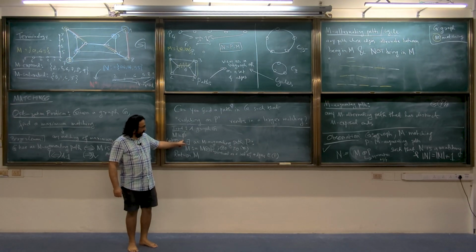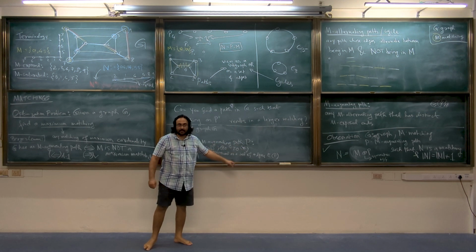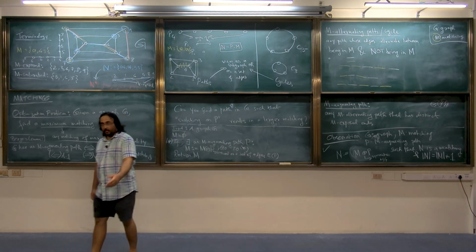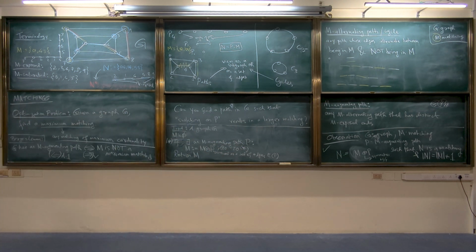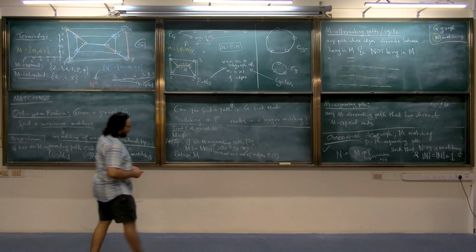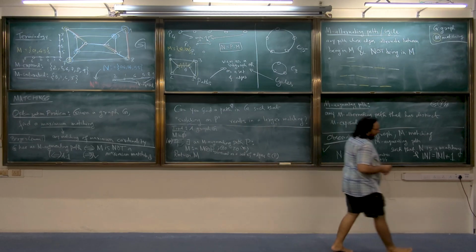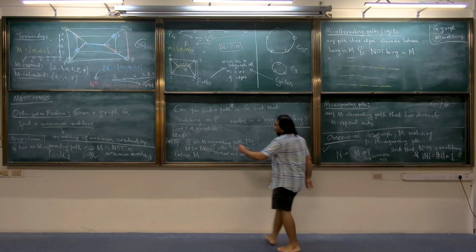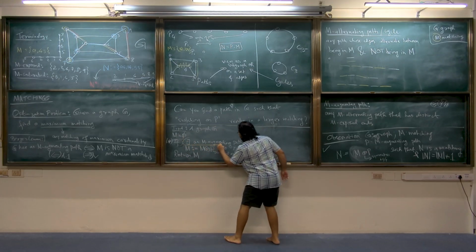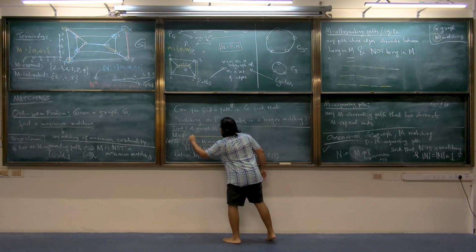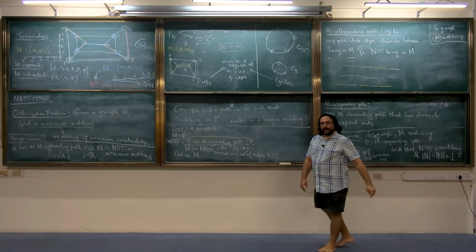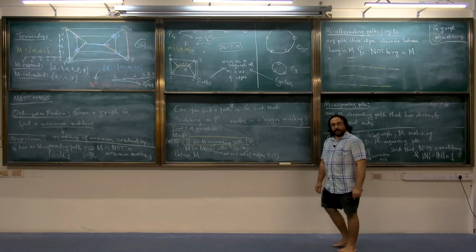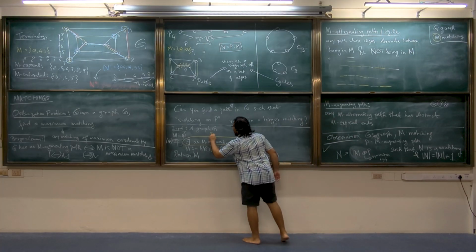In the sense that if you can actually find augmenting paths in a reasonable amount of time, then it will also terminate in a reasonable amount of time. Okay. So, the hardest part here is how do you decide whether there exists an augmenting path?